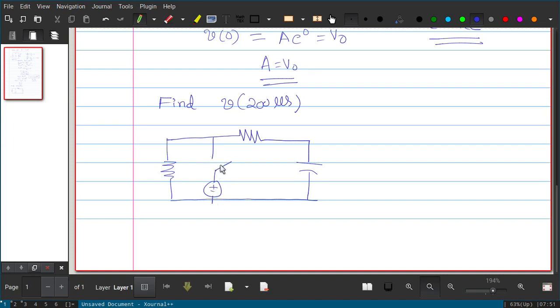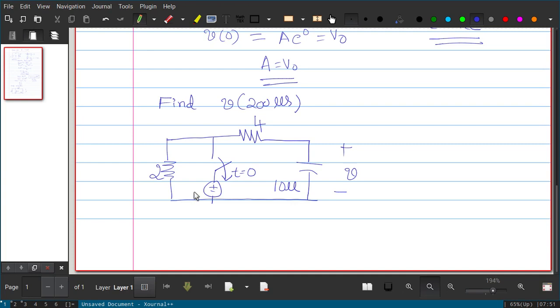There is a switch here and it opens at t equal to 0. It was closed for a long period of time, but at t equal to 0 it is opened. This resistance value is 2, this resistance value is 4, V is the voltage across the capacitor, and the capacitance is 10 micro.